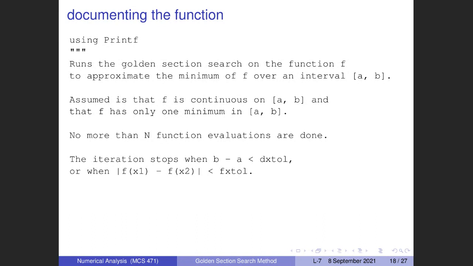We will not do more than N function evaluations, that's our first stopping criterion. The 2 other stopping criteria are determined by tolerances on the length of the interval and on the difference between the 2 function evaluations.